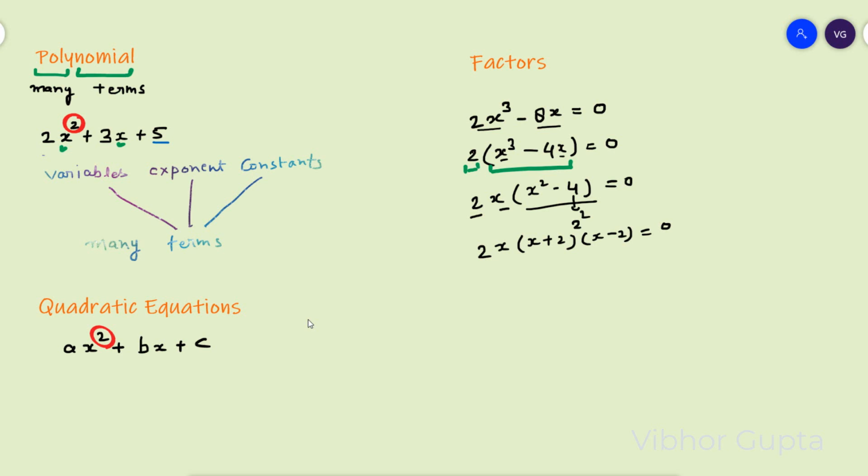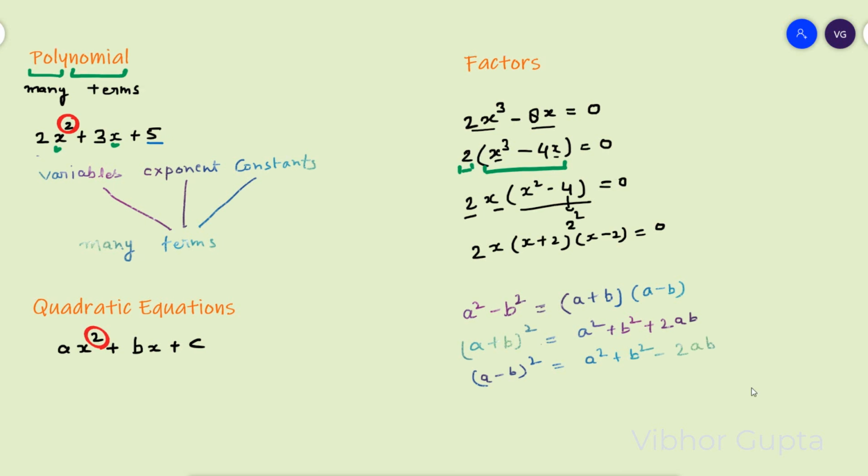So if you remember the formulas that you learned sometime back in your school time, a square minus b square, so factors would be a plus b and a minus b. (a plus b) square equals a square plus b square plus 2ab. Then if you say (a minus b) square, it would be a square plus b square minus 2ab.